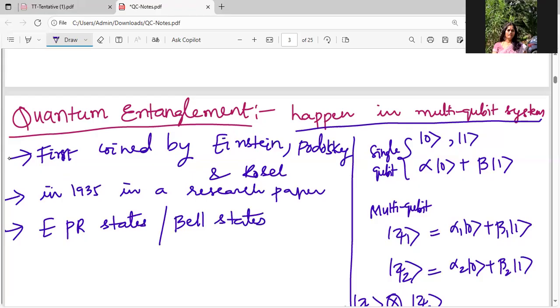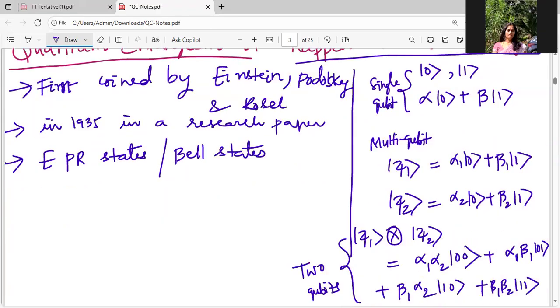Let's see first what exactly quantum entanglement is. What's the definition of entanglement? Let us stick to a 2-qubit system first, then extend it to an n-qubit system.